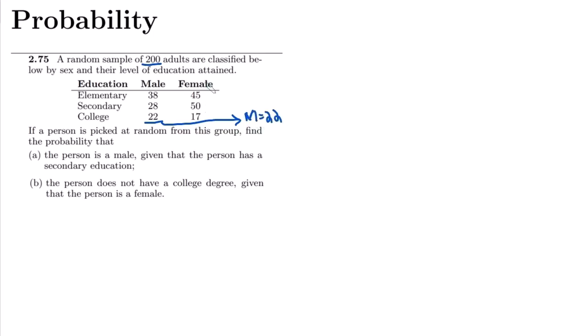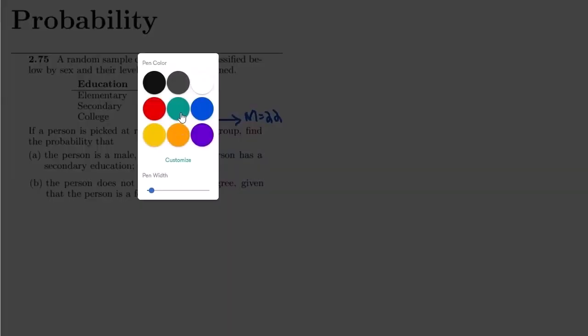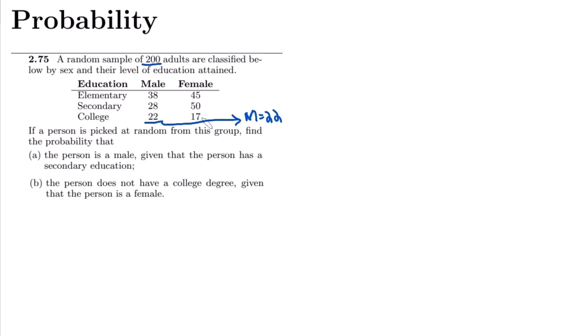Similarly, the total number of female is 45 plus 50 is 95, plus 17, that is 112. So let me use this color for it. The total number of female is 112.